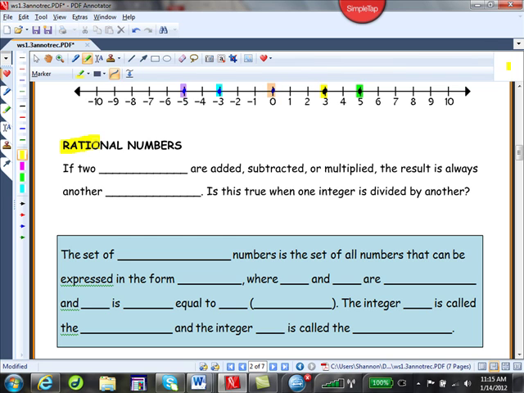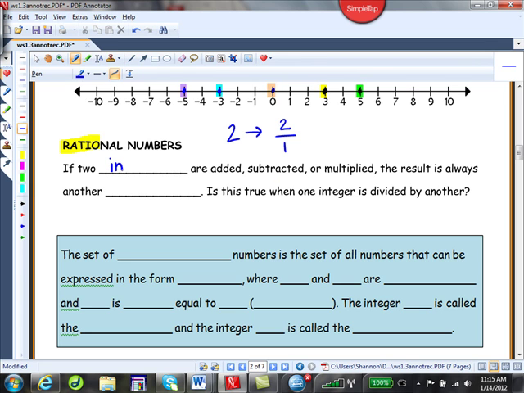So that's going to include integers as well, because remember, isn't 2 the same as 2 over 1? So therefore that would be considered one of the rational numbers because you were able to make this ratio or fraction. So let's look at the definition.